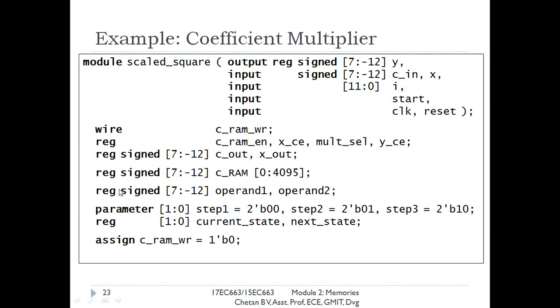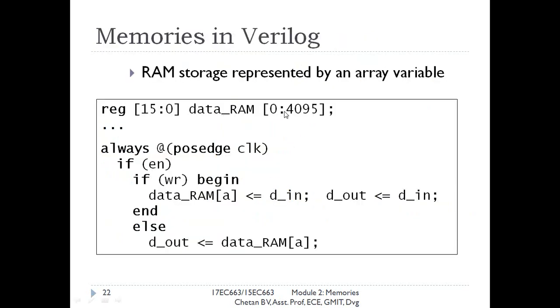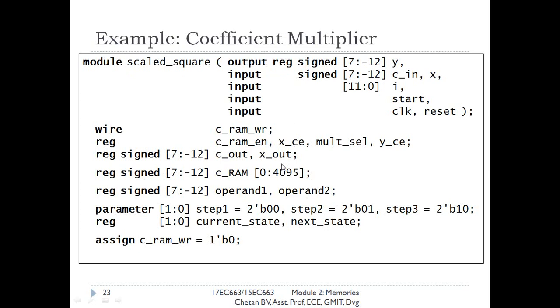Then we have register signed [7:-12] CRAM. This is the model of memory as we have discussed in the previous slide. In this way we have to model the memory. Then register signed [7:-12] operand 1, operand 2. These are the multiplier inputs.